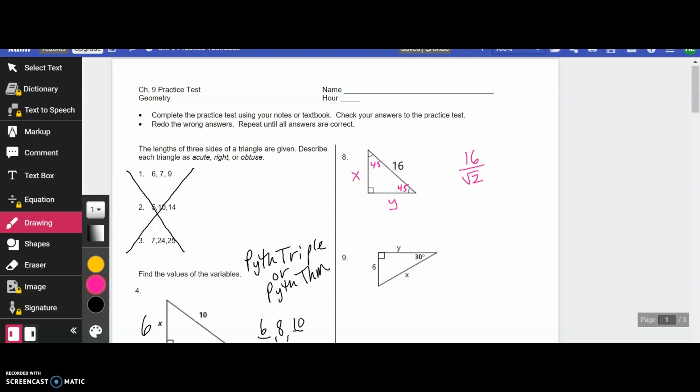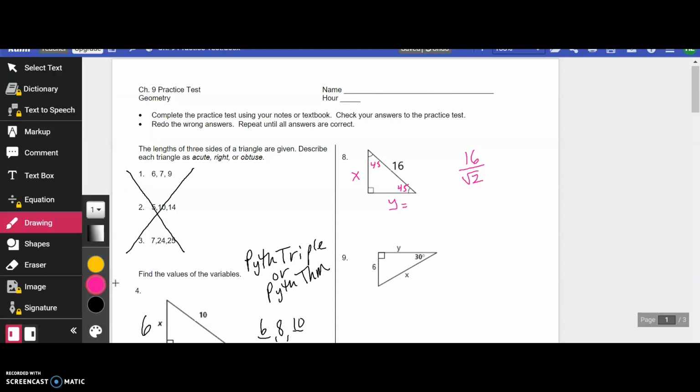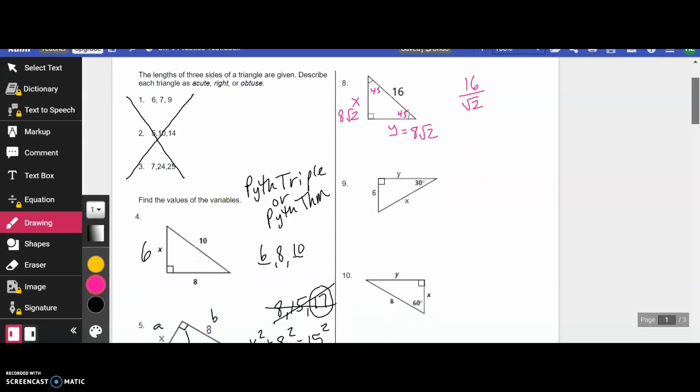Now, on this one, I actually have to do that out on my calculator. So I'm going to do 16 divided by square root 2. And in simplest radical form, I get 8 square root 2. So both of these here are 8 square root 2s.